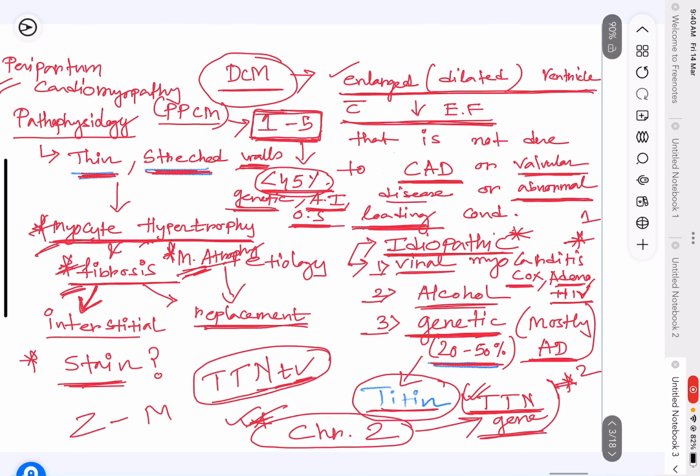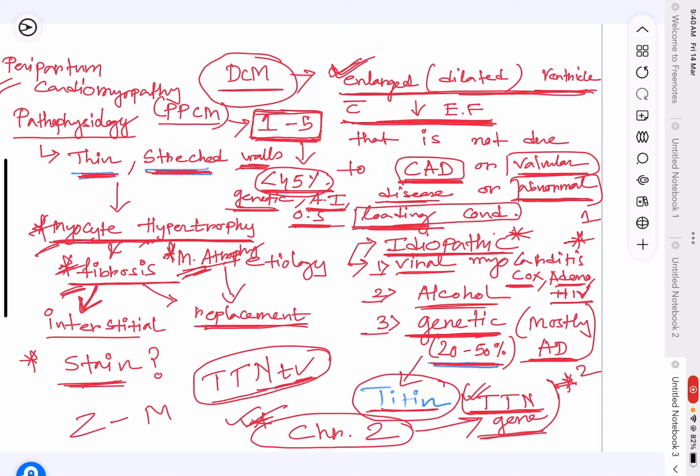So DCM, see, in DCM we have an enlarged dilated ventricle with decreased ejection fraction, which is not explained by CAD or valvular heart disease or abnormal loading conditions.